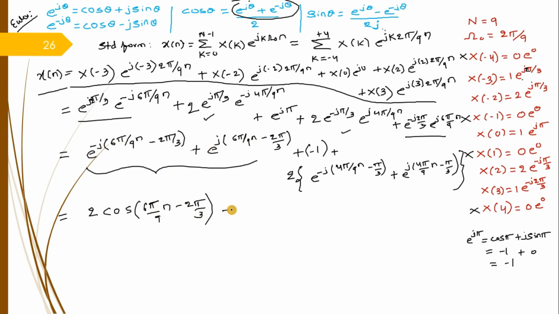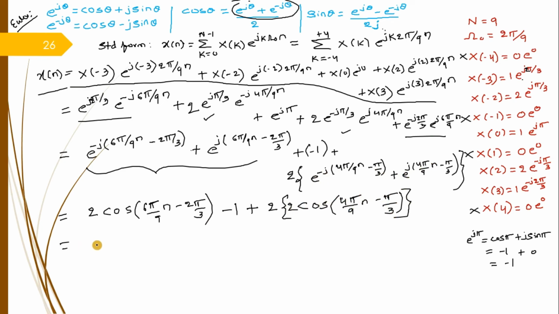This one, minus 1 plus 2, I have taken common into the bracket. So again here it is e raised to j theta plus e raised to minus j theta, so hence again it is cos theta, and 2 should be filled in. I have forgotten to write 2. 4 pi by 9 n minus pi by 3. So this is the final answer.